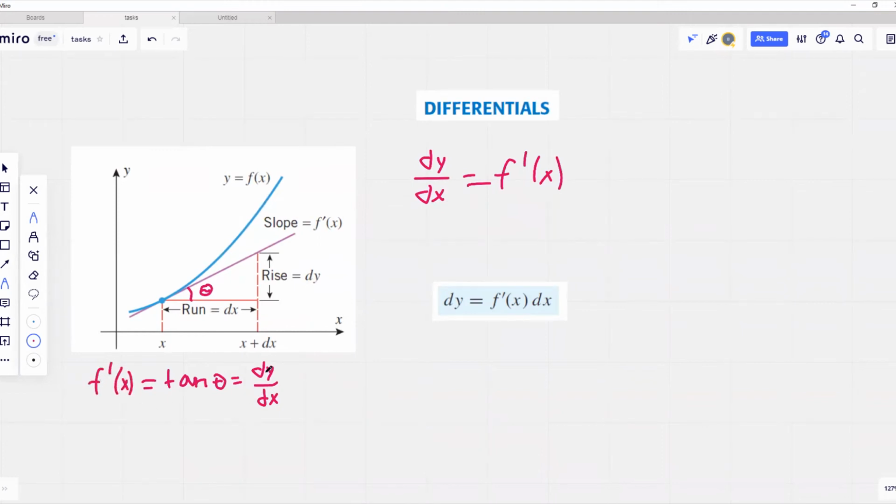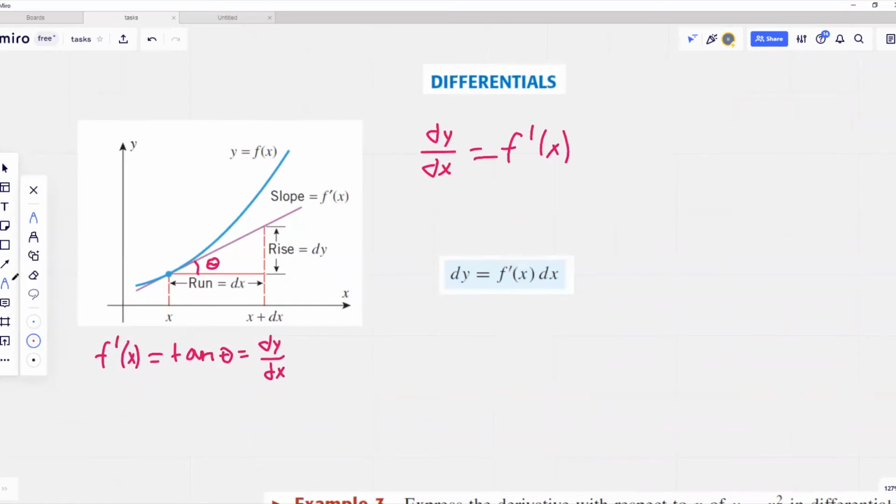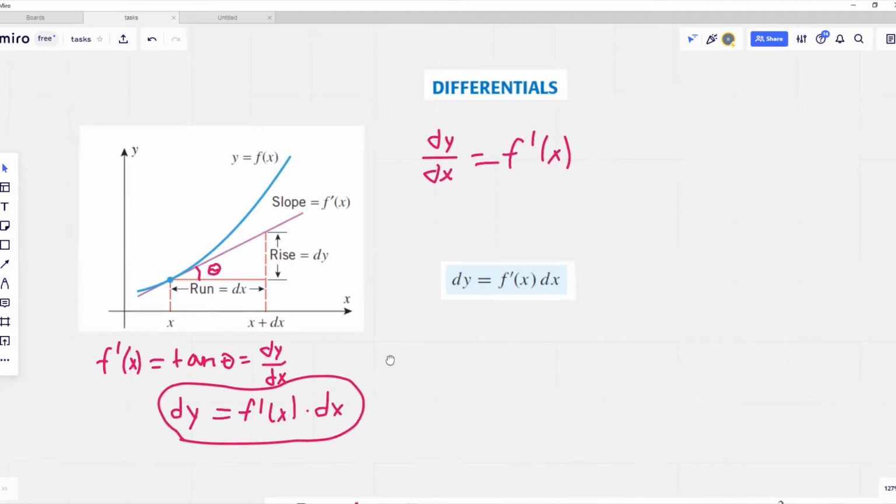So if we look at dy and dx as separate variables, we can express dy as f prime at x multiplied by dx, which is known as the differential form of a derivative. Now let's use it to solve the following problem.